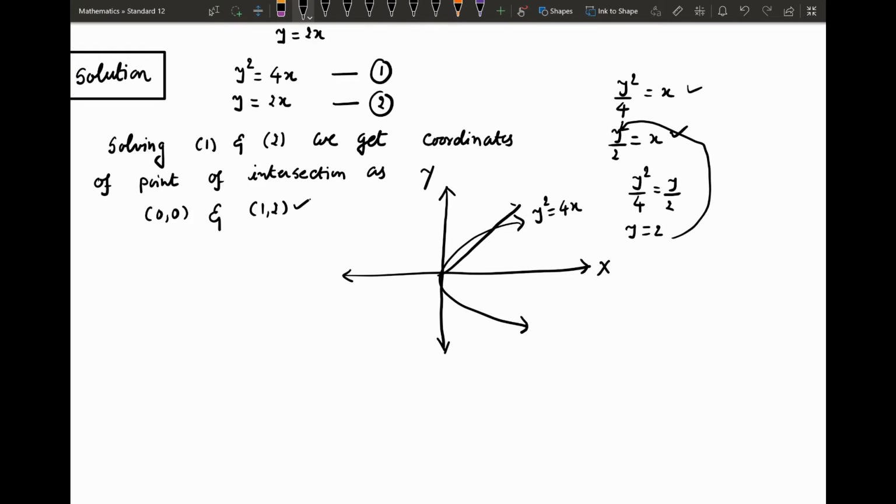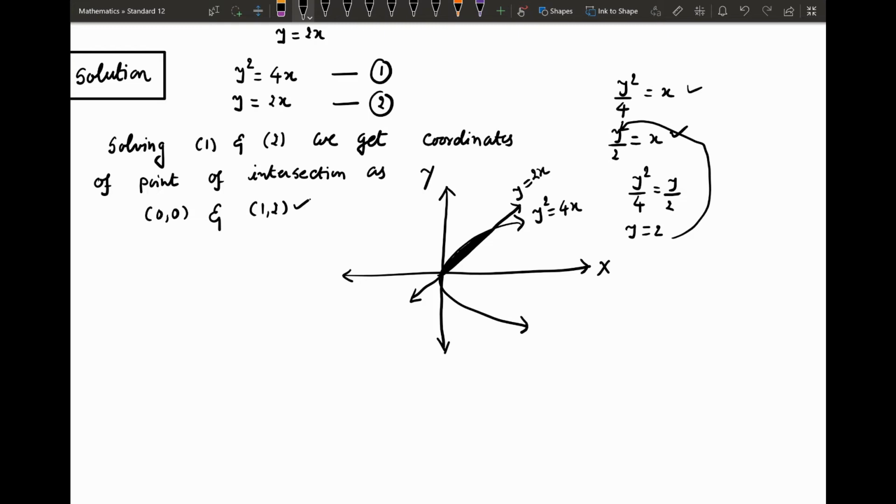So this is the line y equal to 2x. The constant term is absent, so the line passes through the origin and the slope is 2. The slope is positive, which means the line makes an angle less than 90 degrees.